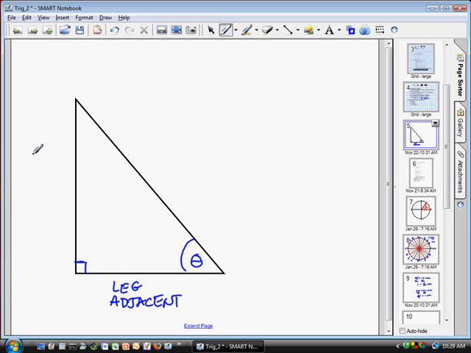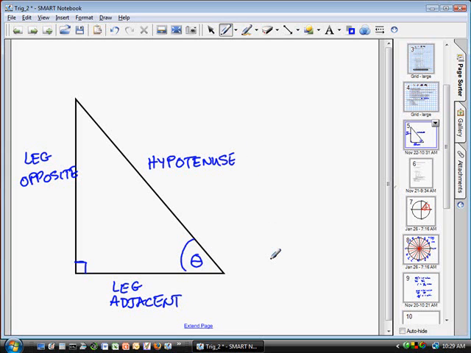And this guy over here is called the leg opposite, meaning it's the furthest leg away from angle theta. And then over here, like you guys said, the hypotenuse. Okay?